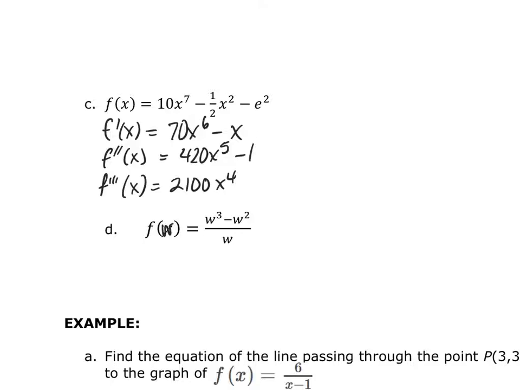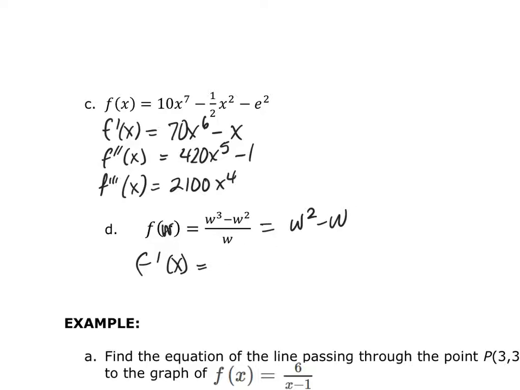So on D, your factoring friend helped you out, and your factoring friend made this to be what? w squared minus w. We like that. So f prime, who would like to give me f prime who has not given me an answer yet? Dallas, what is the first derivative?